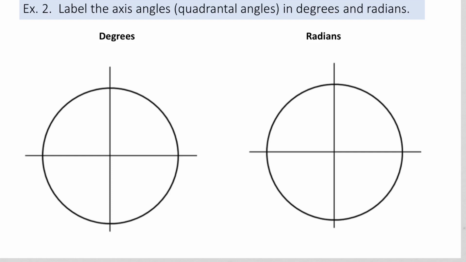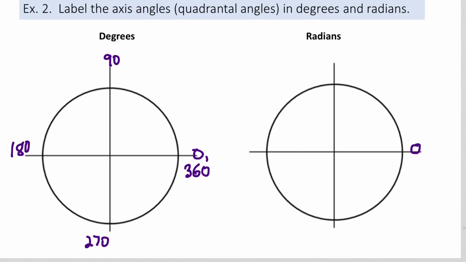So we start out here at 0, so this is 0 degrees, and then we go 90 degrees, so this is 90, so each quadrant will be an additional 90 degrees, so this will be 180, 270, and then a full rotation would be back to 360 degrees.